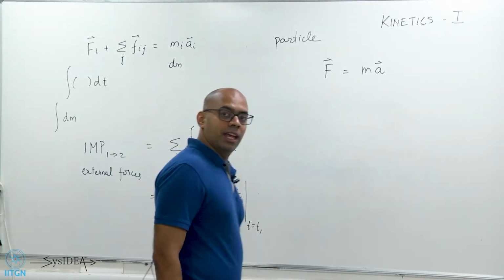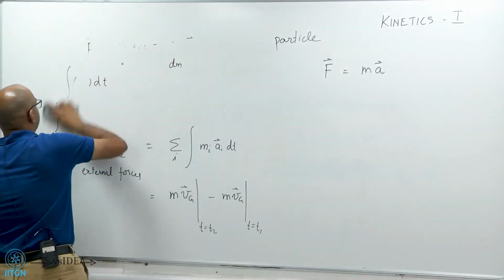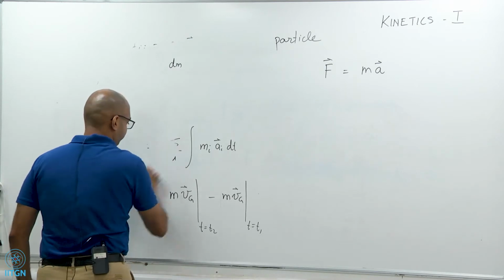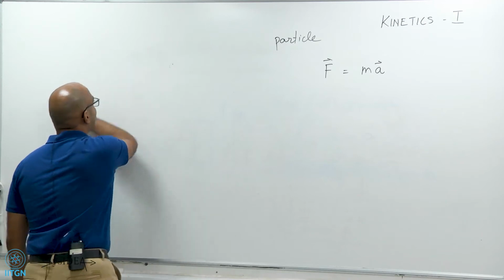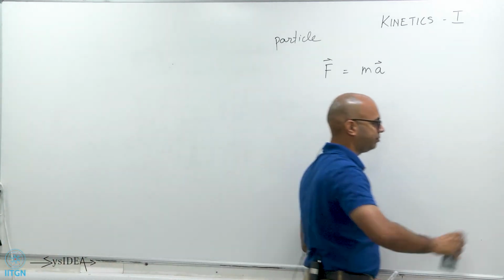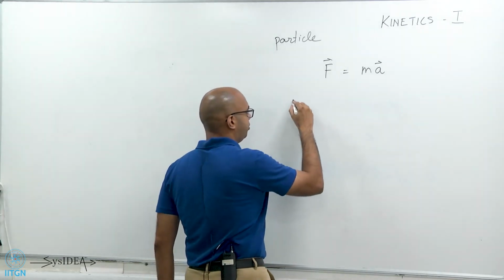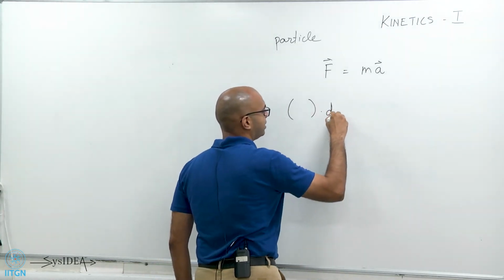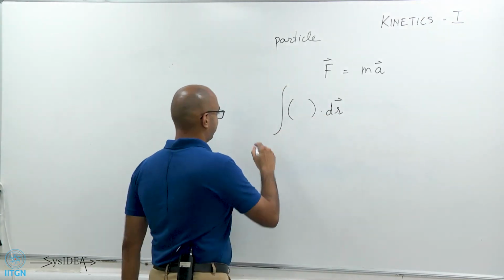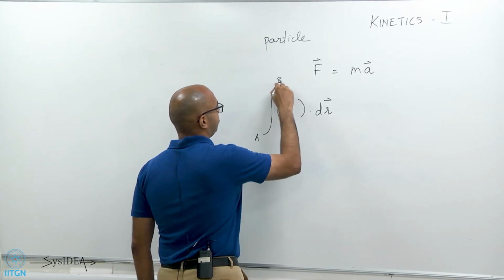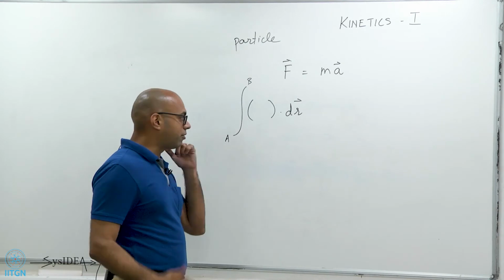Okay, now let's go back to a different principle. That was impulse momentum, where we essentially took Newton's law, multiplied by dt on both sides and integrated. But now let's dot product both sides with dr and then integrate from configuration A to configuration B. Now these are not points A and B, this is a configuration.